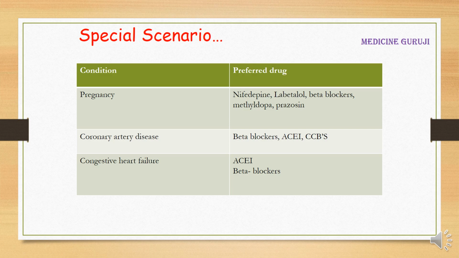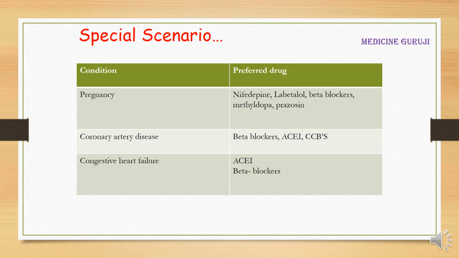What special scenario there can be? Example, pregnancy. The preferred drug is nifedipine, labetalol, beta blockers, methyldopa, and prazosin. For coronary artery disease, beta blockers. They are the gold standard.